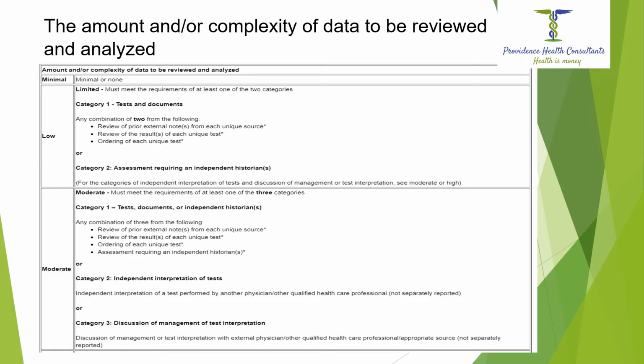And the next one, which has to be documented, is independent interpretation of a test performed by another physician or other healthcare professional, which has not been separately reported. And it is also considered as moderate: discussion of management or test interpretation with an external physician or other qualified healthcare professional or appropriate source. So if the test result has been discussed with the other physician, that can be considered as a moderate level.